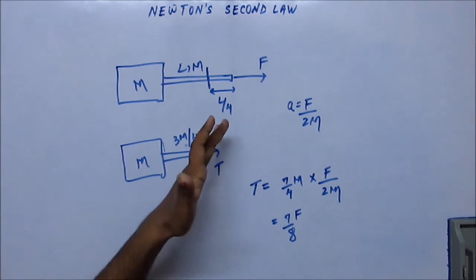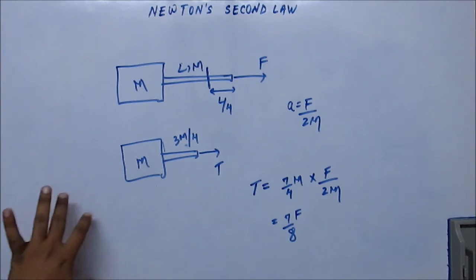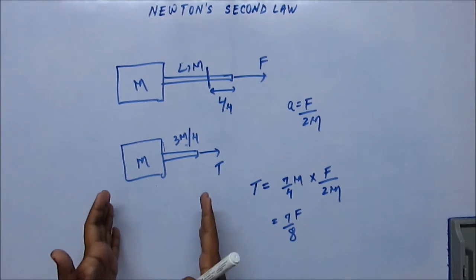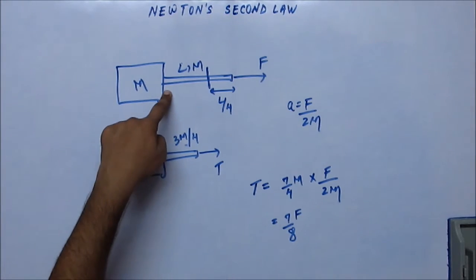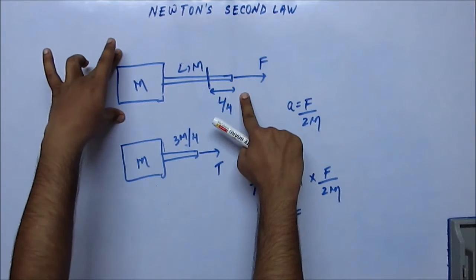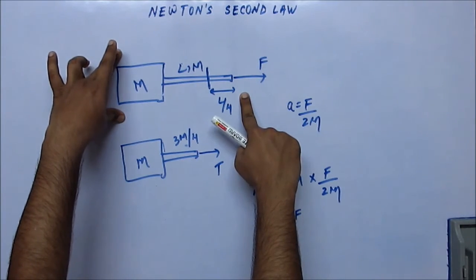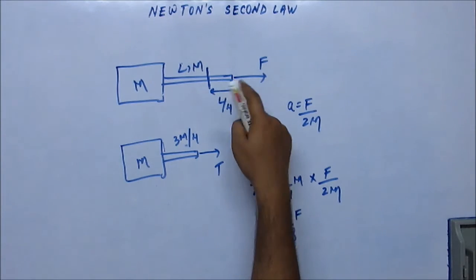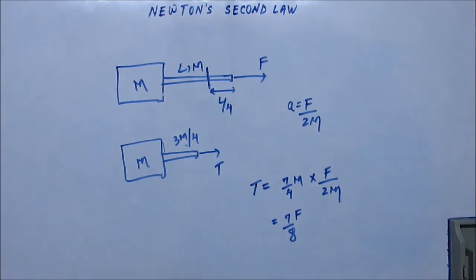because as you keep on moving left, the mass would be changing. So the job of the tension to pull the mass, that mass will keep on decreasing. At this end, it will have the lowest amount of mass, capital M. At this point, it will have the largest amount of mass, 2m. So at this point, the tension will be equal to capital F, and it will keep on decreasing because the mass is decreasing.